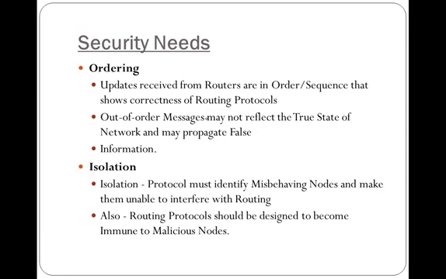Another security need is ordering. Updates received from routers are in order and a sequence that shows correctness of the routing protocol. We might receive out of order messages, and that is an extra burden on different nodes. First they ensure the order of these packets, and then onward they can process them.